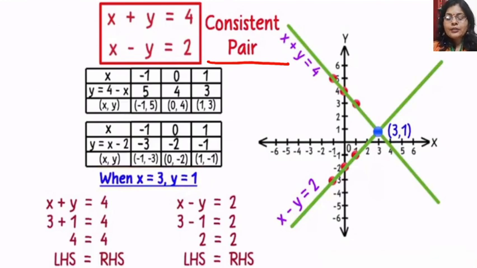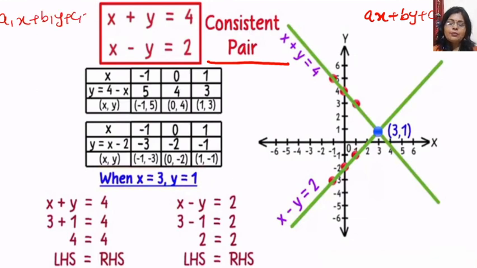Now one more thing I just want to show you in this, that this equation is of the form ax plus by plus c equal to 0. Suppose this is a1x plus b1y plus c1 equal to 0, and this is a2x plus b2y plus c2 equal to 0.